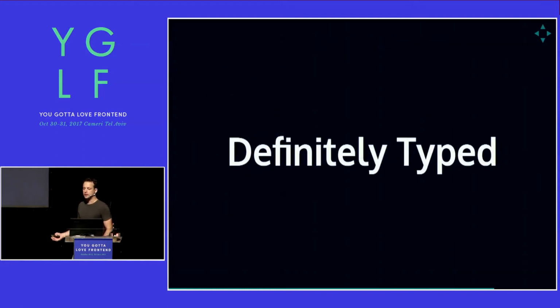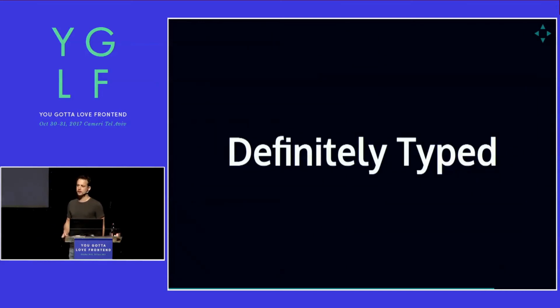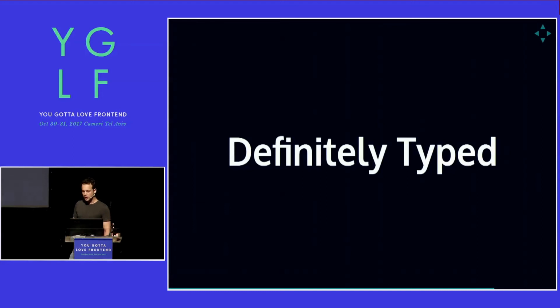If you are not familiar with TypeScript, TypeScript is a superset of JavaScript that compiles down to plain JavaScript. With static analysis, it gives us completions, validations, and highlighting, giving us a better developer experience. And the TypeScript community maintains a project called Definitely Typed.